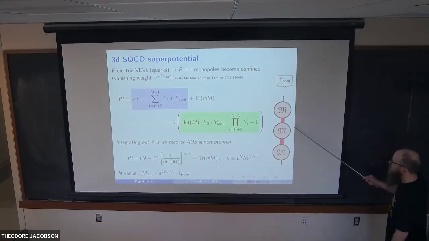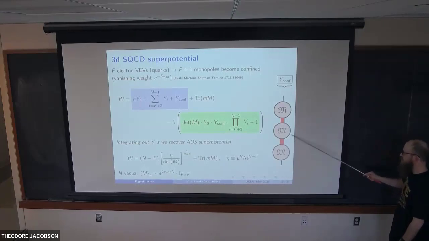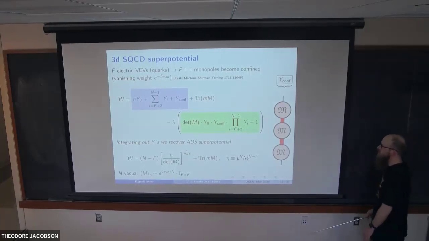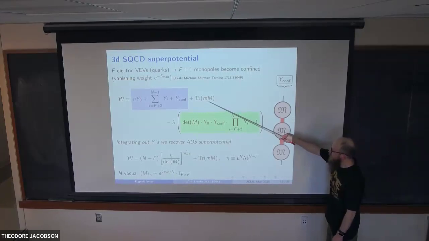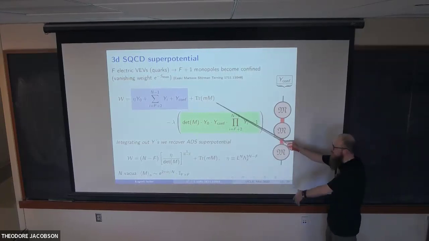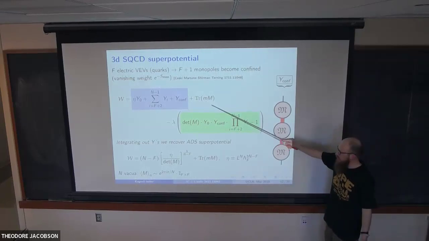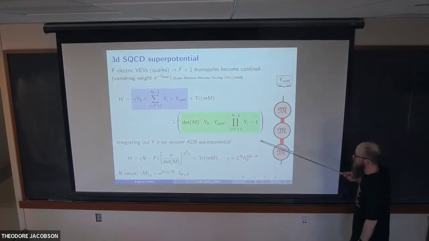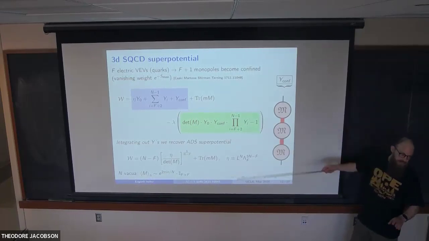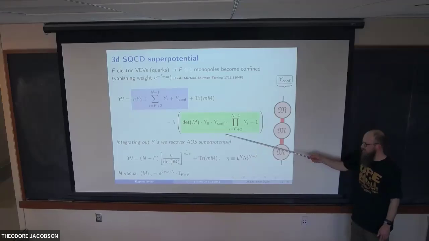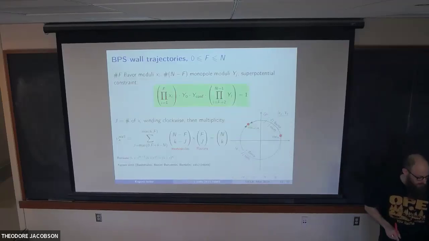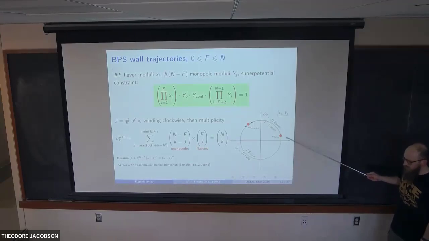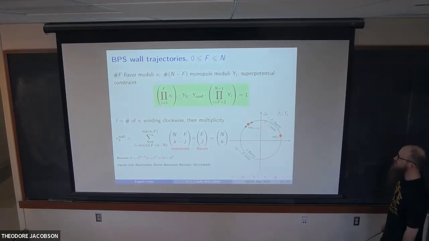Here you kill f degrees of freedom by confining, but when you add quarks, you also add f degrees of freedom of matter, and you kill f degrees of freedom of the gauge sector, and you still have a constraint. The constraint is modified, but it doesn't really matter. The constraint is important for counting the phases and which fields go clockwise, which counterclockwise, and so on.